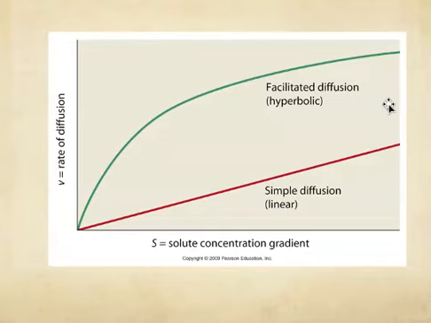If you're talking about a carrier protein, all of the carriers are busy at the same time. In other words, you cannot go any faster once all of the proteins are engaged. That's very different from simple diffusion. Simple diffusion will keep getting faster and faster as long as the concentration gradient gets bigger and bigger.